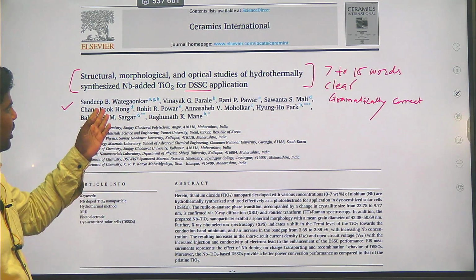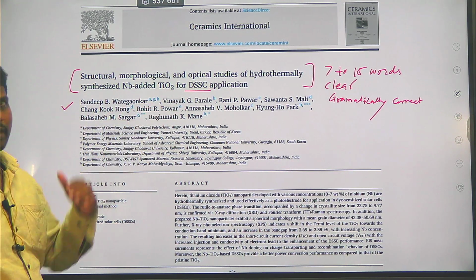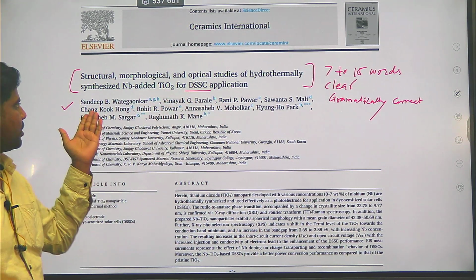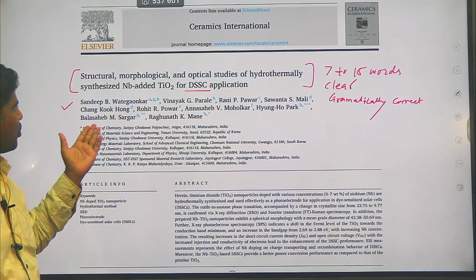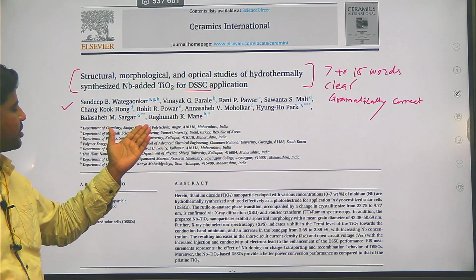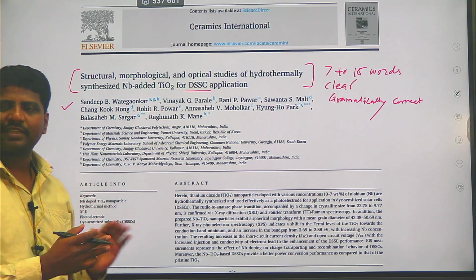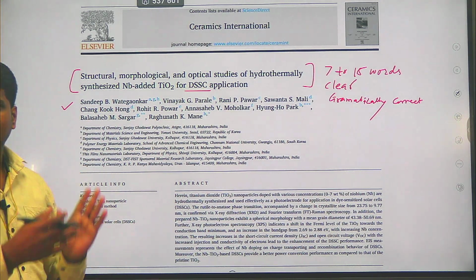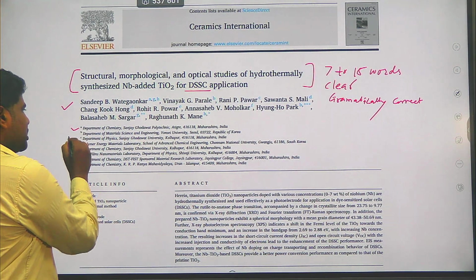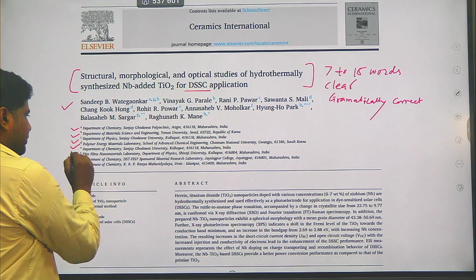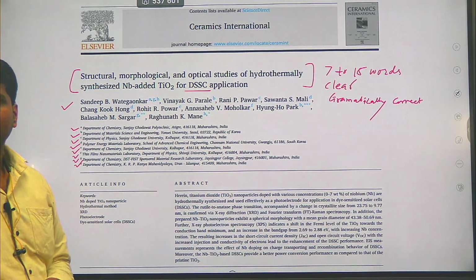There are many authors, like myself, Sandeep Vategavkar, then Vinayak Parle, Rani Pawar, Savanta Mali, Chanku Khong, Rohit Pawar, Annasaheb Moholkar, Hongu Park, Balasaheb M. Sargar and Raghunath K. Mane. These are the authors present inside this research article, and these are the affiliations of each and every author. So how to write the affiliation inside the paper?